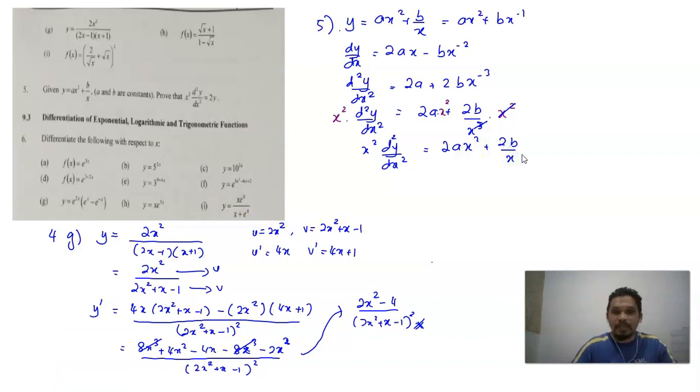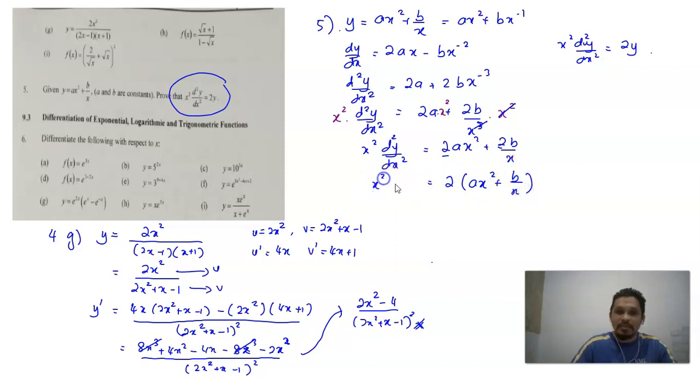divided by x. And what we have here right now, it is wanted in the term of x squared second derivative of y with respect to x equal to 2y. Okay, 2 and 2. Factorize this. 2 and ax squared plus b over x.